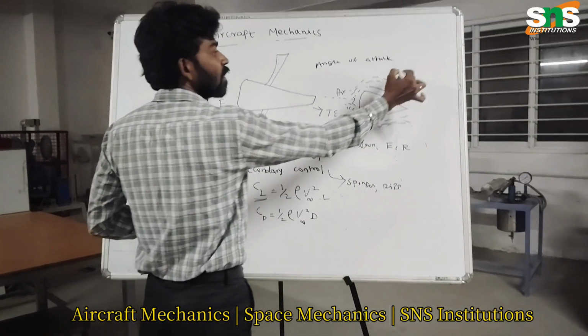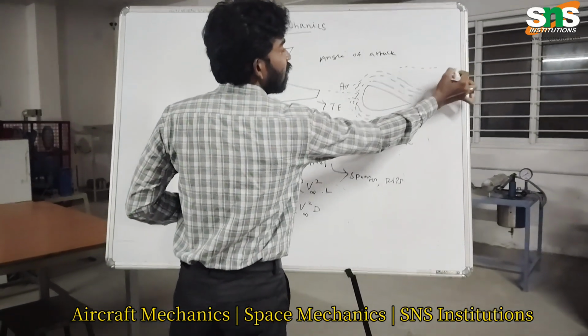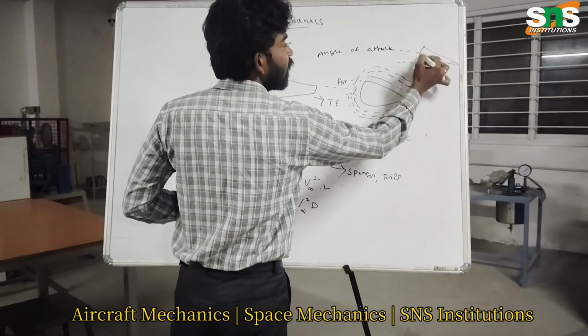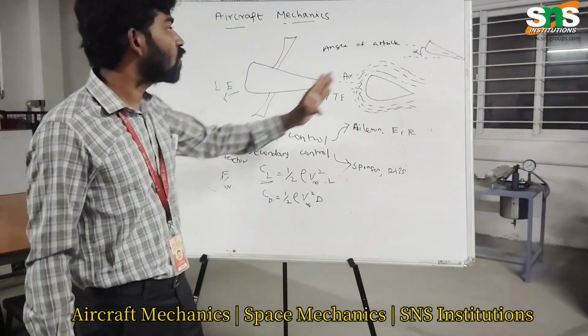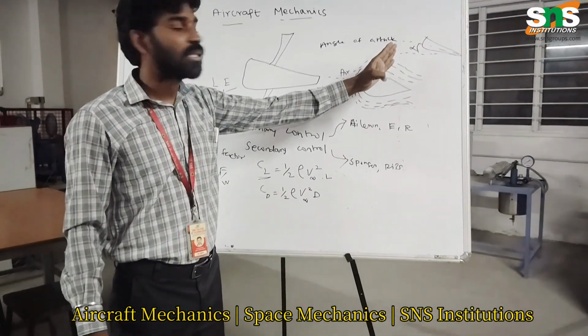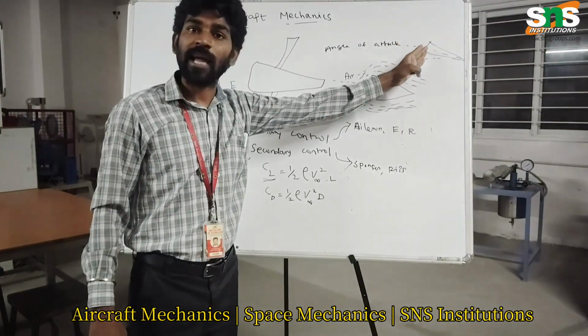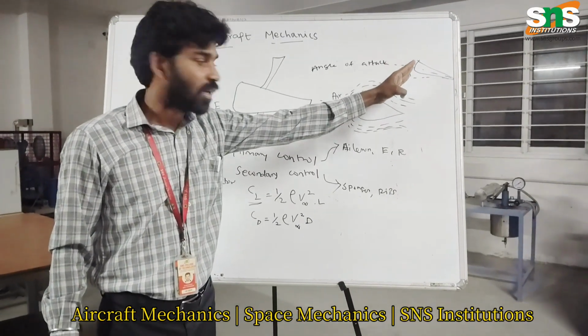Angle of attack is the angle of the wing with respect to the relative wind. This is the angle of attack. So the angle of attack is the angle between the relative wind and the wing chord.